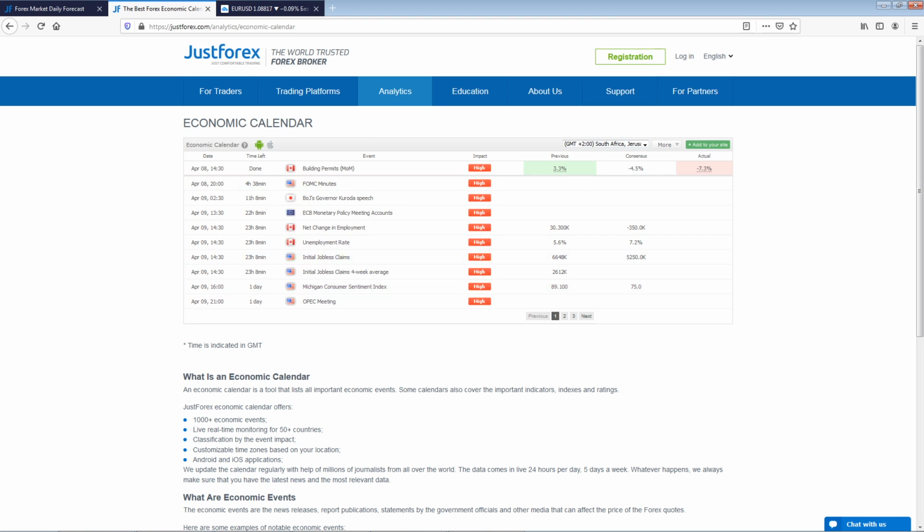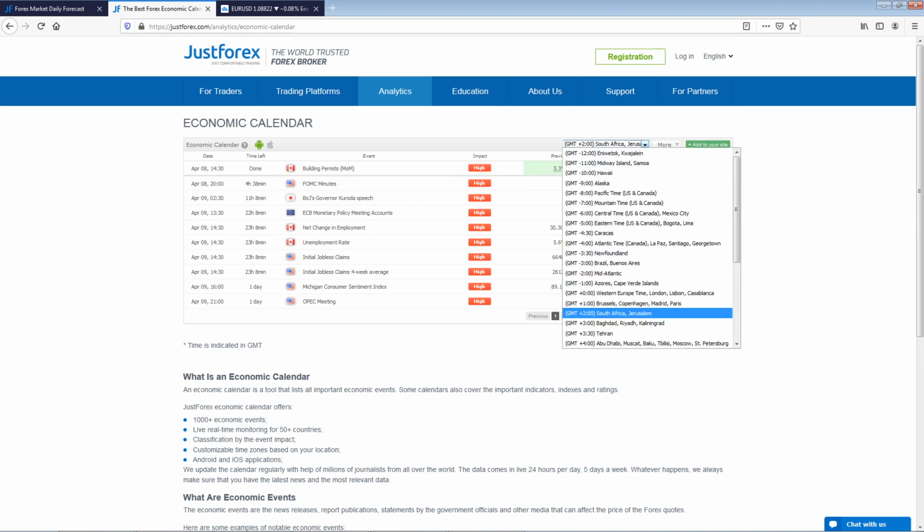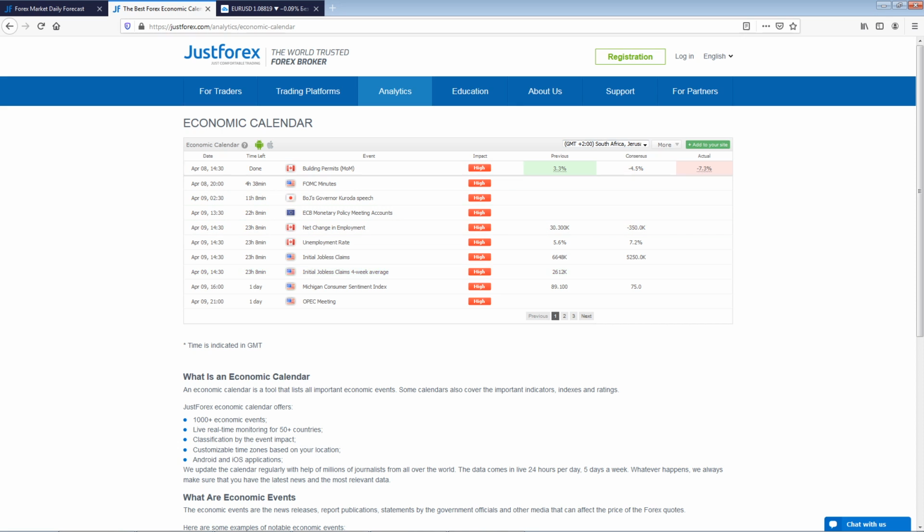Right now, after we made the settings, we can see that the amount of news reduced drastically, and we see only the important news, the news that will have a significant impact on the market. You may also set the time zone exactly where you are. Let's leave it at GMT plus 2, and you will find the exact time when you need to stay near your computer and pay more attention to the market before those reports come in.